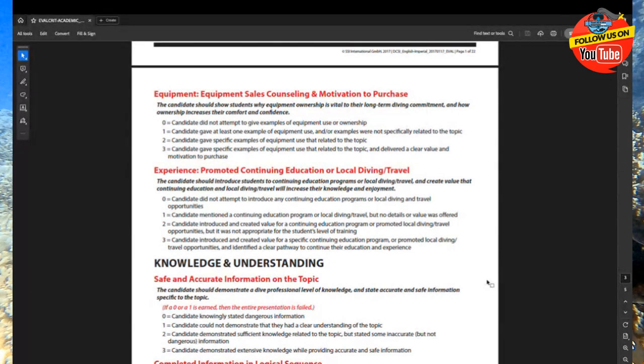Candidate gave specific examples of equipment use that related to the topic and delivered a clear value and motivate to purchase. So I guess I would score myself as a 3 because I did state that a specific regulator and why I like it and what the value for that was. So hopefully there was some motivation with that to purchase.